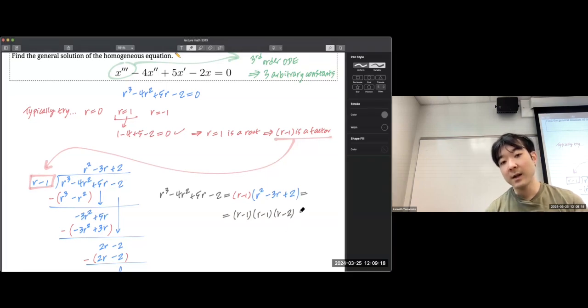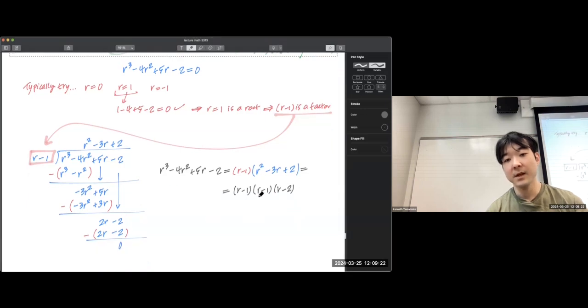And so your characteristic equation says that you need to have this equal to 0, which means that r is equal to 1 as a double root, and r is equal to 2 as a single root.